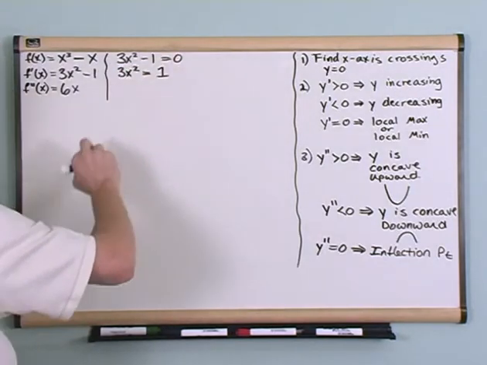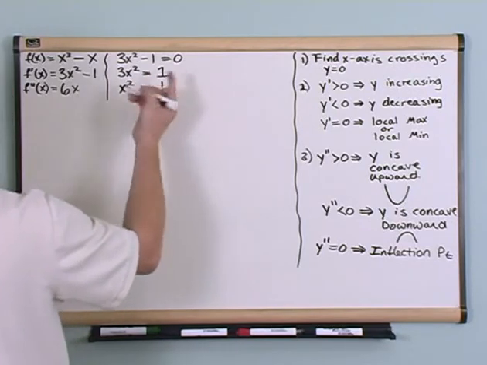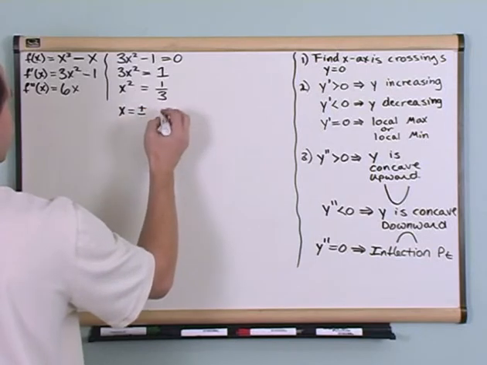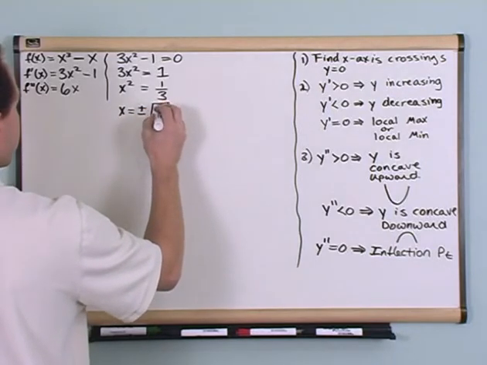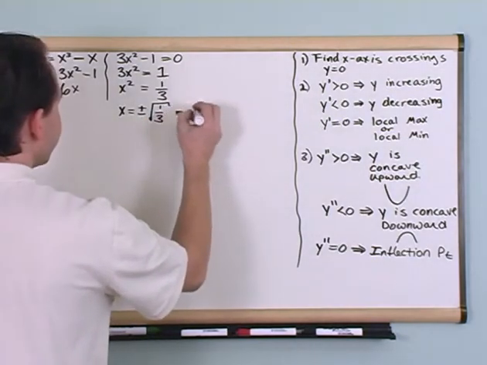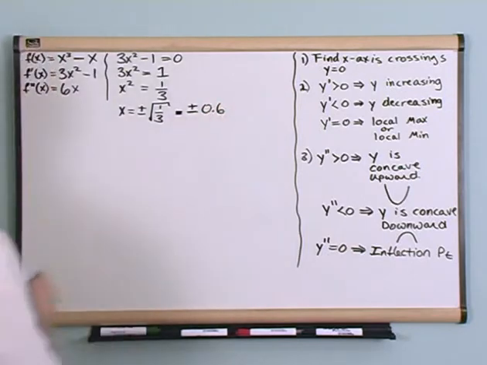Just move the 1 over. And so then x squared is equal to 1/3, right? So then x is equal to plus or minus the square root of 1/3. Okay? And when you put this in a calculator, you'll find that this is roughly plus or minus 0.6.